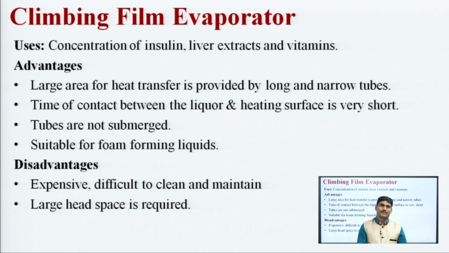Time of contact between the feed liquid and surface is very short. Since tubes are not submerged, it is also suitable for foam forming liquids. Disadvantages of this climbing film evaporator: it is expensive, difficult to clean and maintain, and large head space is required for the operation of this climbing film evaporator.